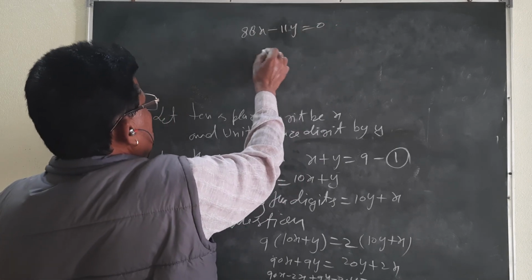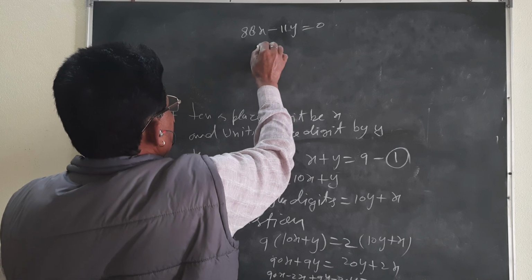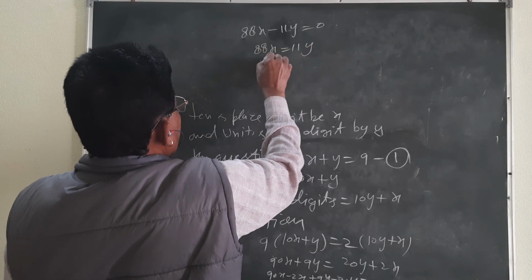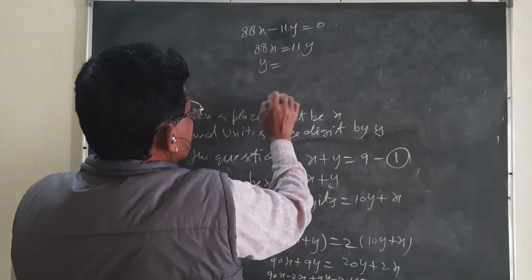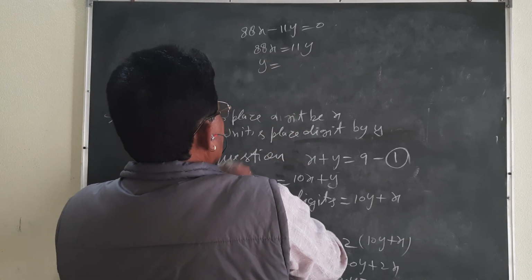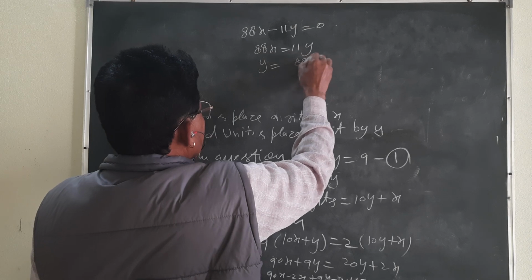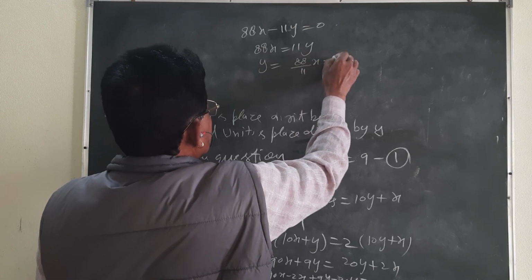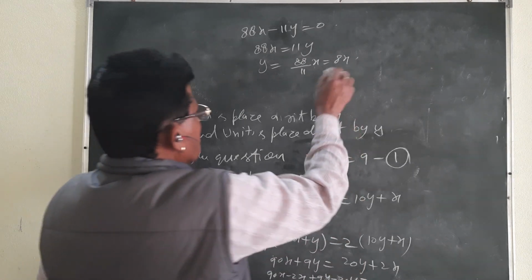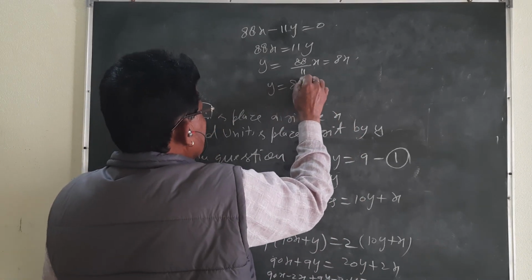So 88x will be equal to 11y, and you divide on both sides by 11. 88 upon 11 times x is 8x. Equation number 2: y is equal to 8x.